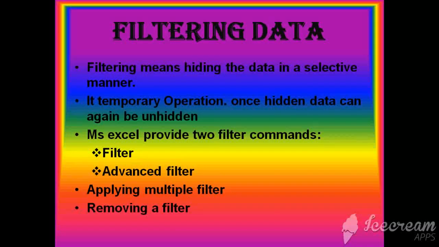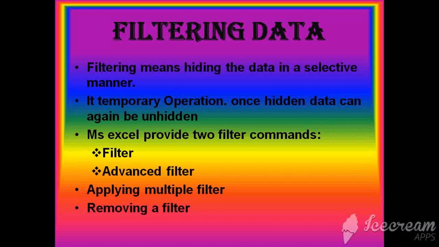Today we will be learning filtering of data. But before we explain the practical aspects, we should know what filtering is. Filtering means hiding the data in a selective manner. What do you mean by selective manner? I will explain that through the Excel sheet. For the time being, it is just hiding the data, whatever data we don't want.